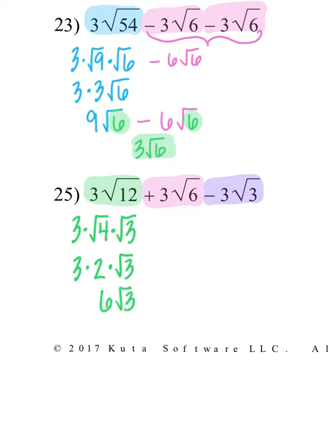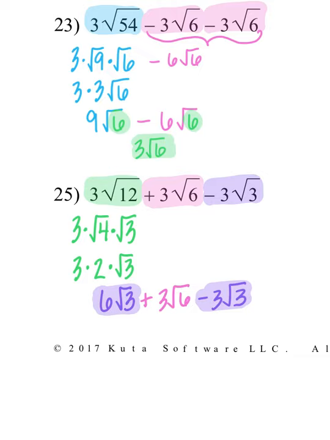So now I have 6 radical 3 plus 3 radical 6 minus 3 radical 3.